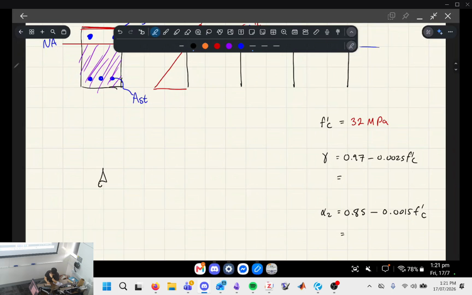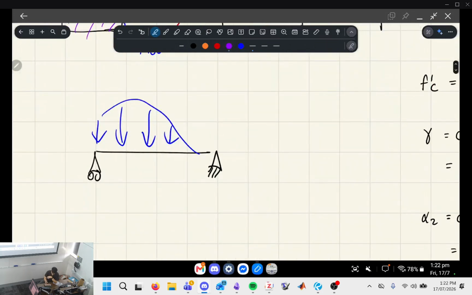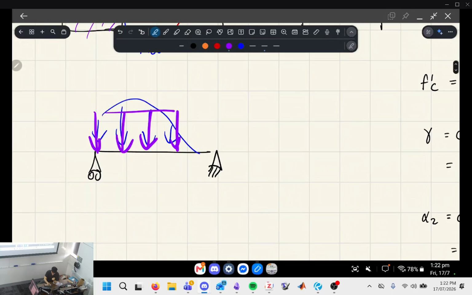If you've got a simply supported beam, like so, and just pretend we have this really annoying parabolic distributed load on it, right? What the rectangular stress block is saying is that instead of this parabolic function which describes our distributed load, we're going to pretend that it's a rectangular distributed load. There are two things that really matter for making these equal.